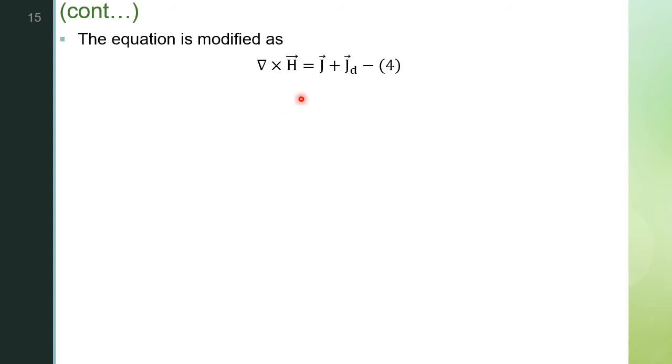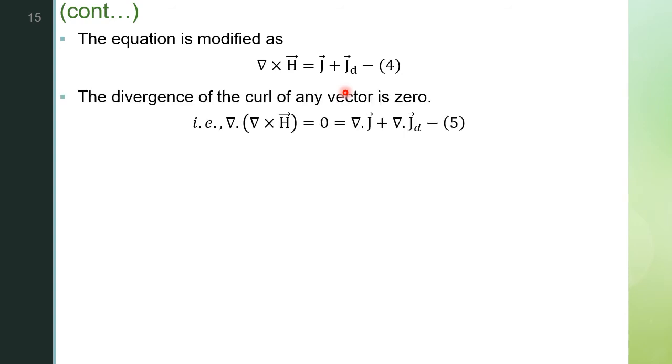To remove the contradiction, we modify the equation as del cross H is equal to J plus JD. We have introduced an additional term JD. Now we apply the divergence operator on either side of this equation. So we will get del dot del cross H. We know that the divergence of curl of a vector is 0.